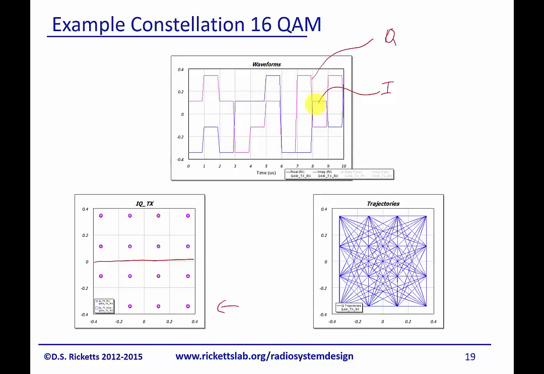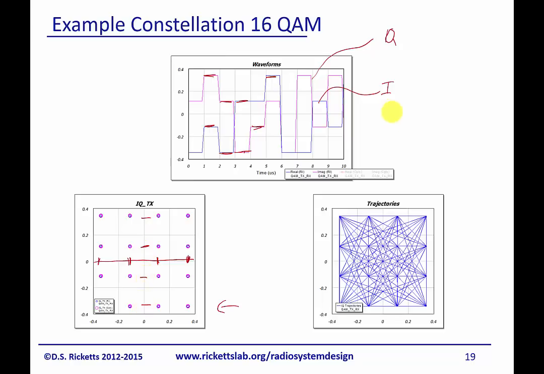The in phase, which is blue, is going between this value, this value, this value, and this value. You can see I've got one value here, one here, one here, one here. They correspond to these values that I just showed. Likewise, the pink has four values, and I've got 1, 2, 3, 4.